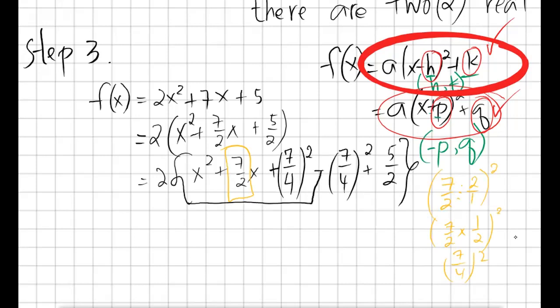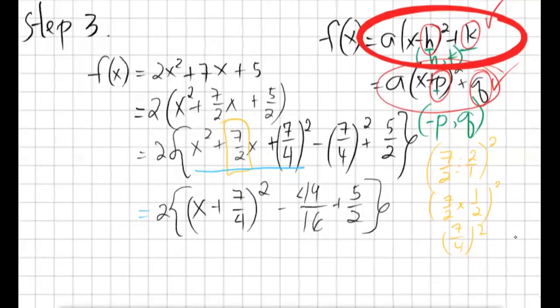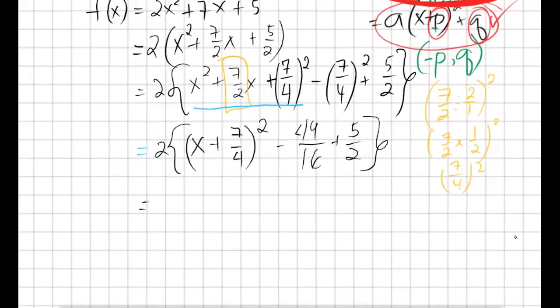Now this group is already a perfect square trinomial, which is x plus 7 over 4 squared, minus 7 squared is 49, 4 squared is 16, plus 5 over 2. So now 2 times x, remember this is still inside, plus 7 over 4 squared.